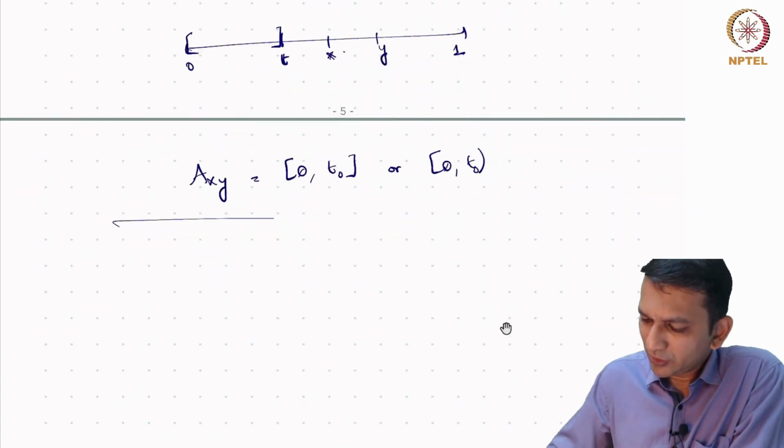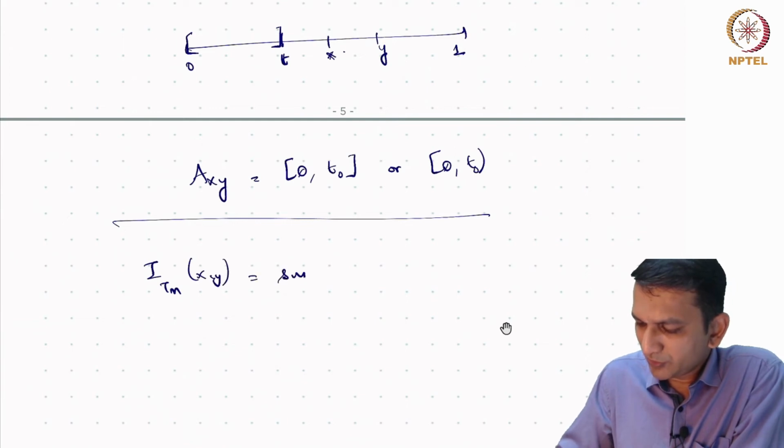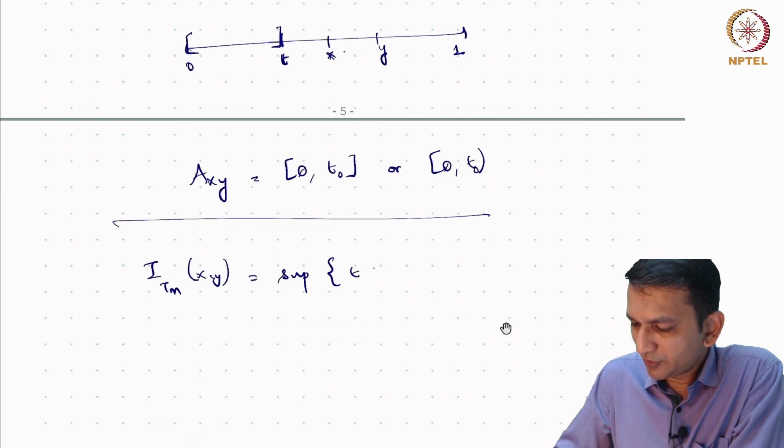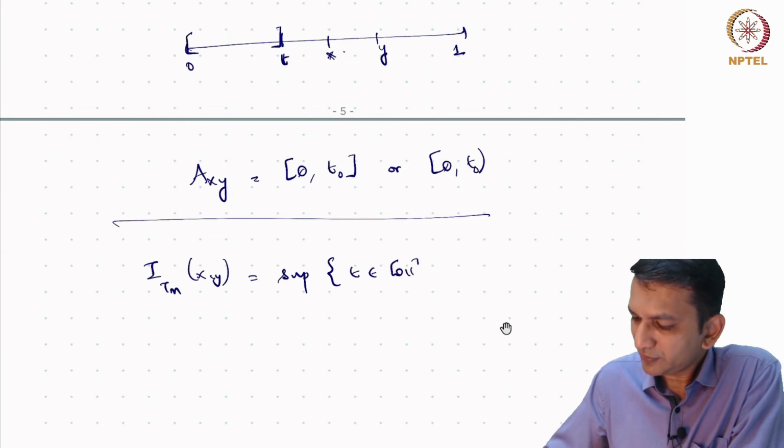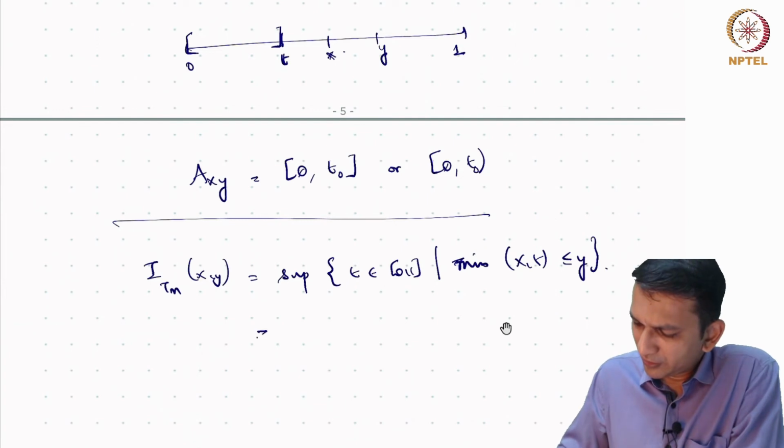Okay, so now let's come back to I_T(x, y), which is nothing but the supremum of t in [0, 1] such that minimum of x comma t is less than or equal to y. Then, how would this look?